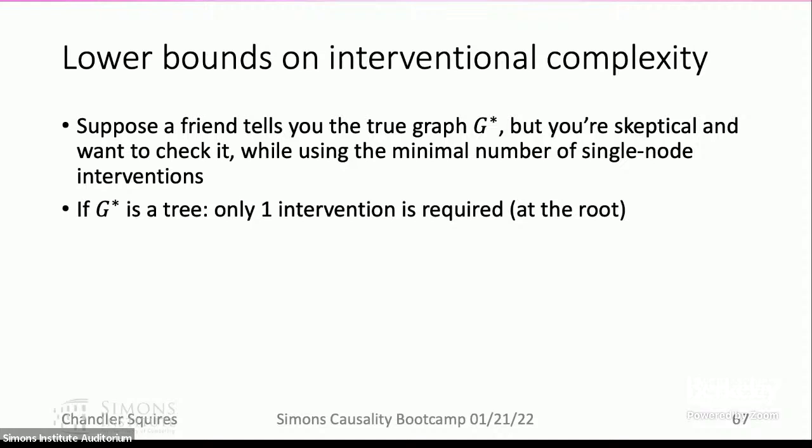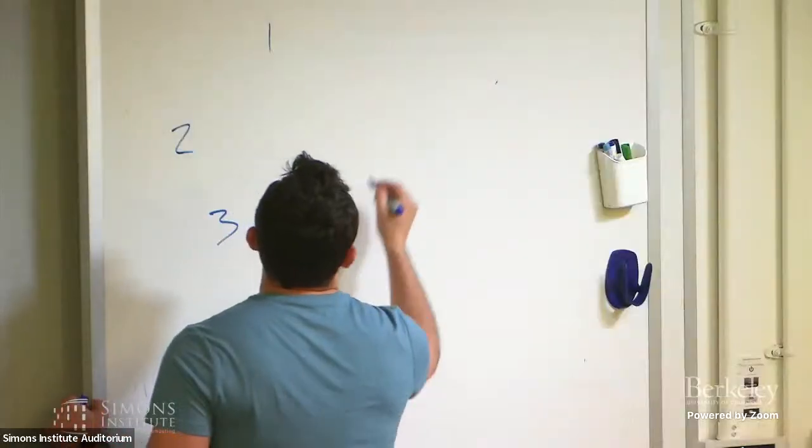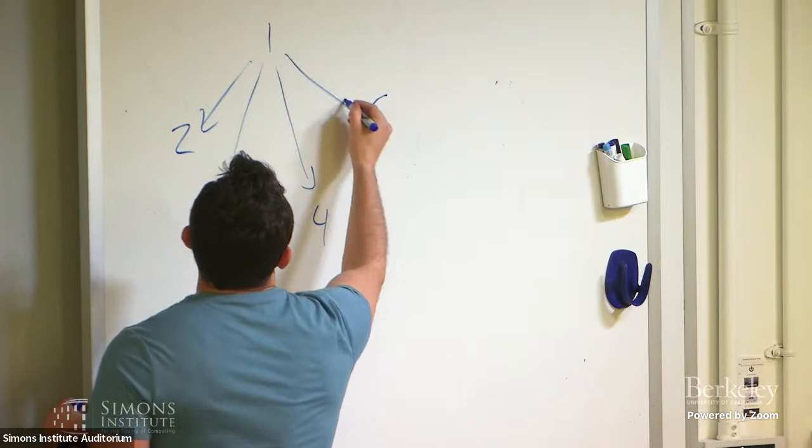So we already discussed in the case of a tree, you can do this by only intervening on one node at the root. In the case of a clique, on the other hand, you basically have to kind of intervene on every other node. So if they tell you that the clique is of the form 1, 2, 3, 4, 5, so it would have all of these edges.